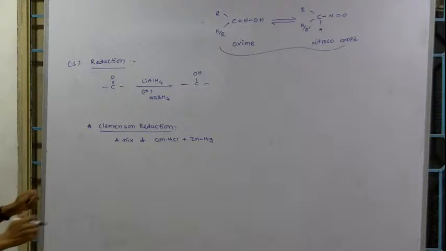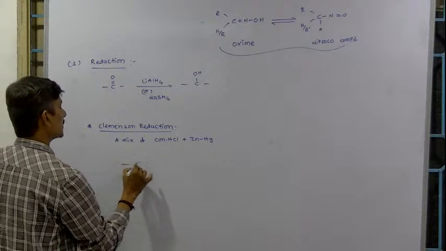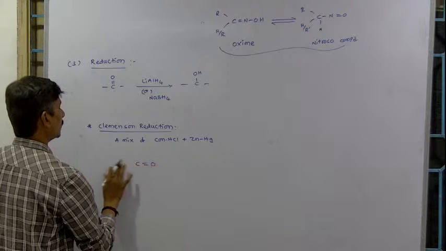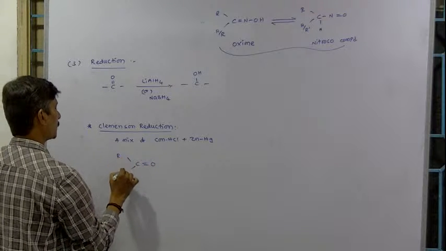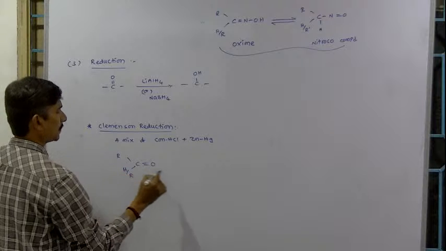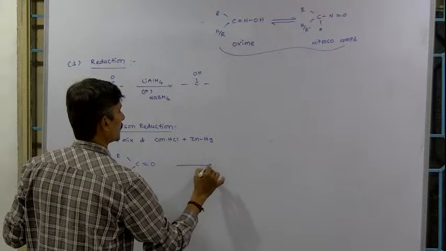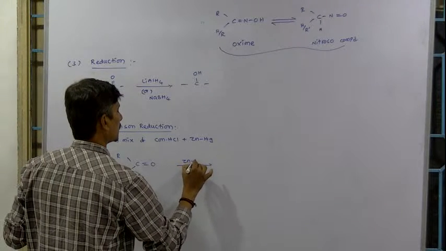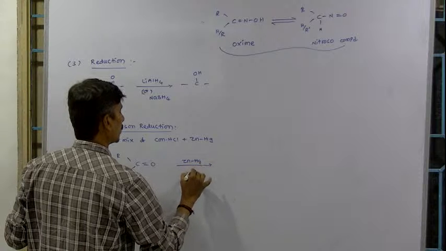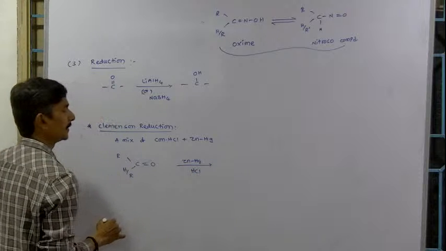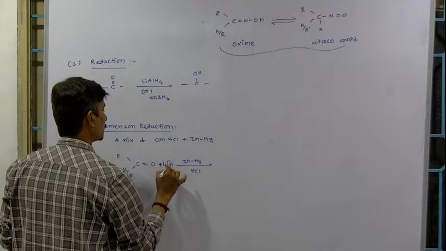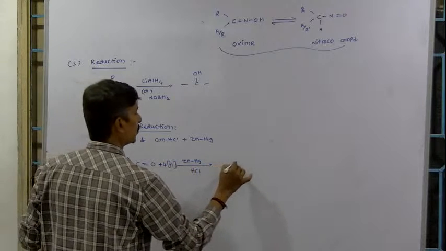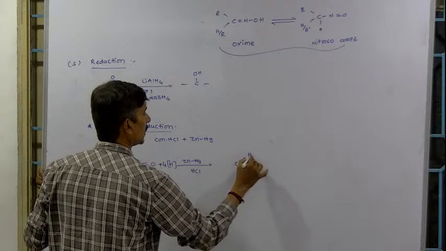This Clemmensen reagent will reduce carbonyl compounds. Zinc amalgam and hydrochloric acid, HCl, give nascent hydrogen. They reduce the carbonyl compound into a hydrocarbon.